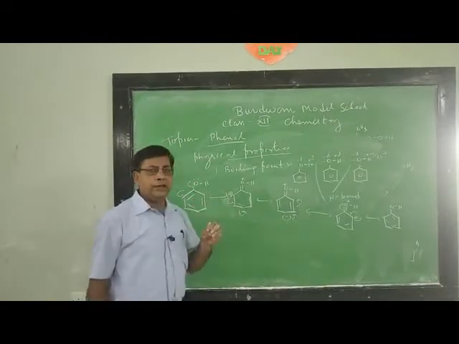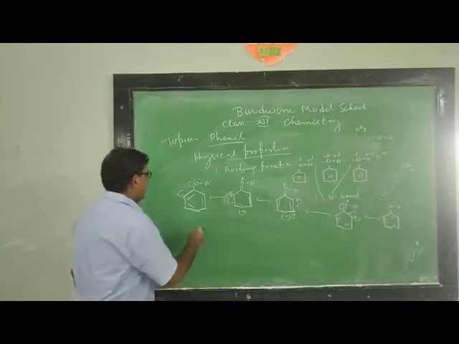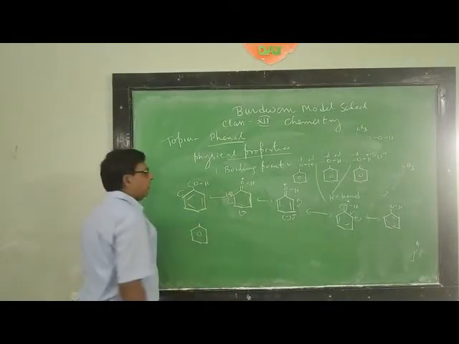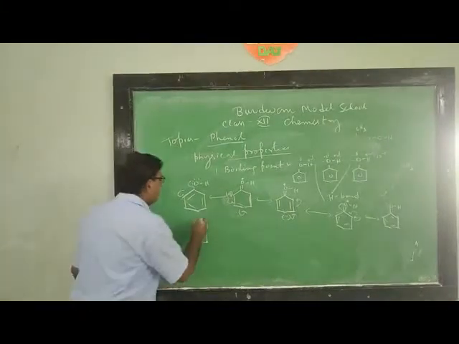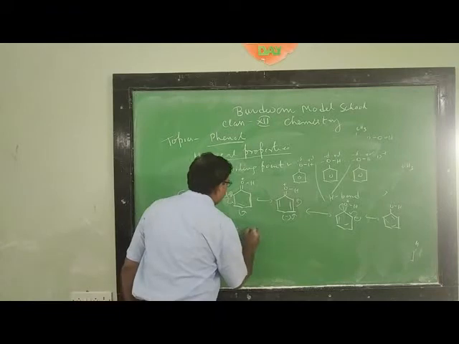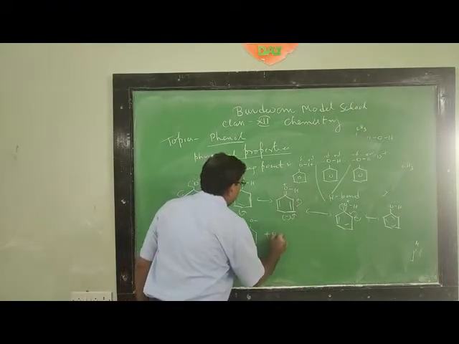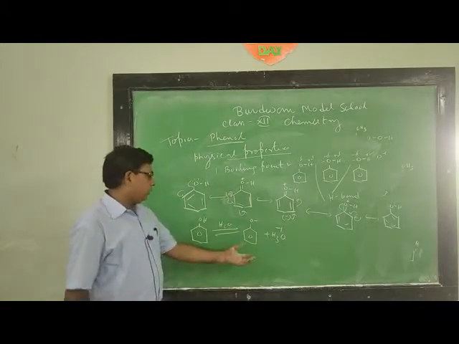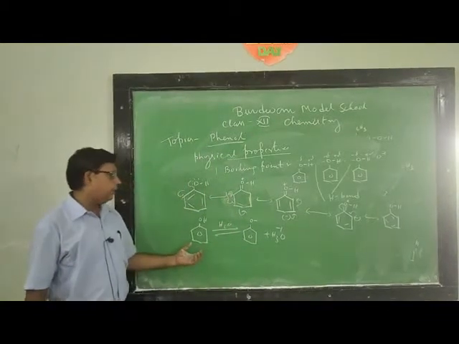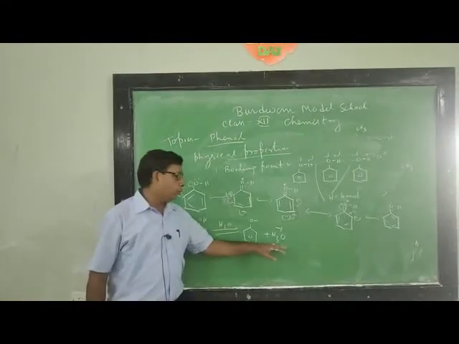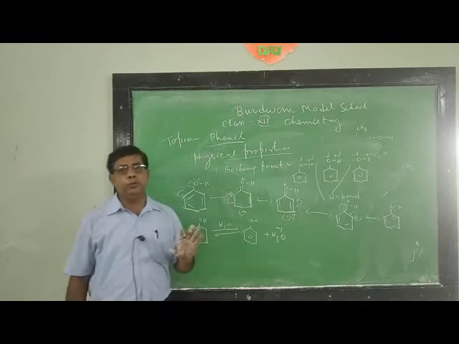The acidic character of phenol can also be explained if you consider the stability of the phenoxide ion. Say this is phenol, when it releases H plus to water, it forms phenoxide ion plus hydronium ion, H3O plus. Now if phenoxide ion is more stable than phenol, then the reaction proceeds in the forward direction producing hydronium ion, so it will be acidic.